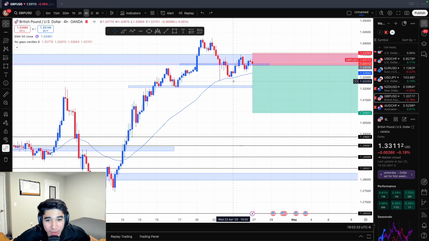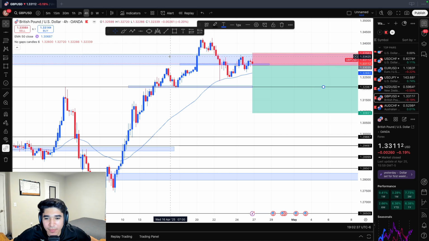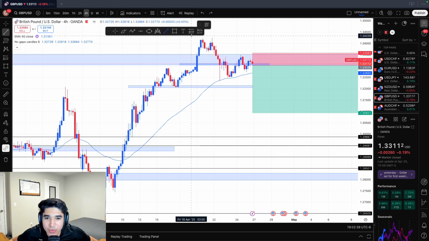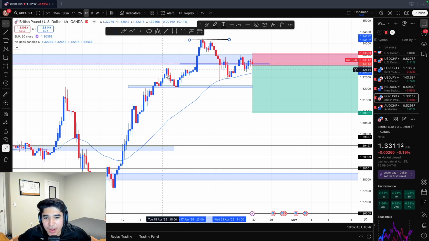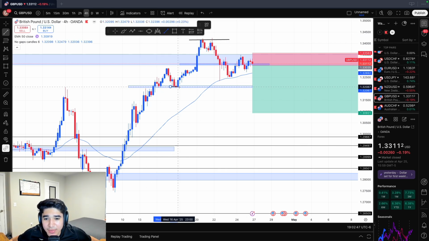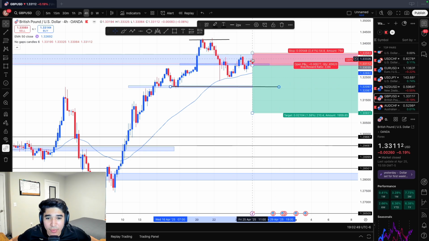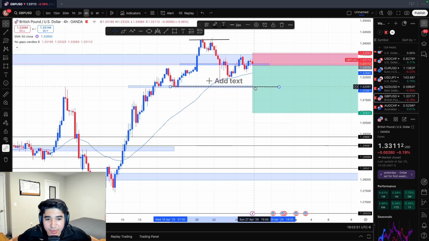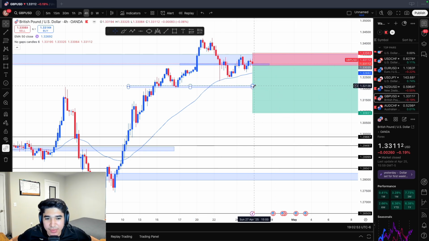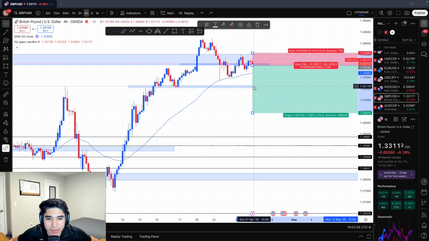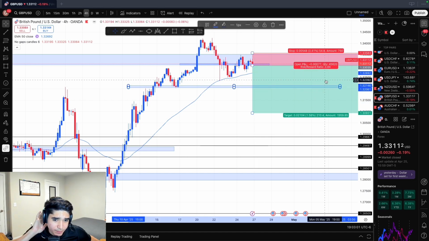Maybe we went below this one, because what I'm thinking is maybe this can be the lower low, and this one could be the lower. I mean, this one can be the higher high, and this one can be the higher low. So if anything, I wanna break under this point and use this as rejection to then go to the downside. That's also an option, a solid option, to be honest.